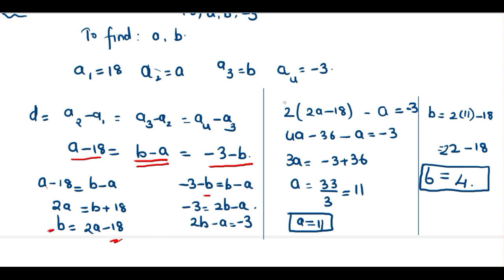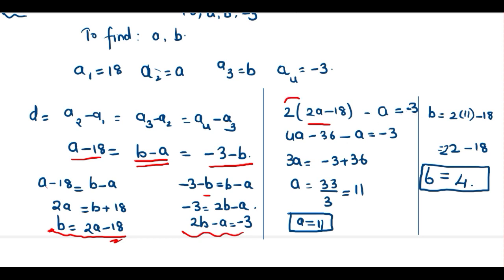Let us substitute that here. So 2b, the b value we got from here, as 2a minus 18. So 2b is 2a minus 18, minus a, in this we are substituting, minus a is equal to minus 3.